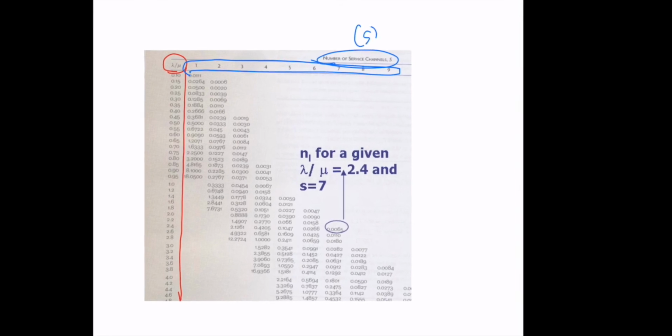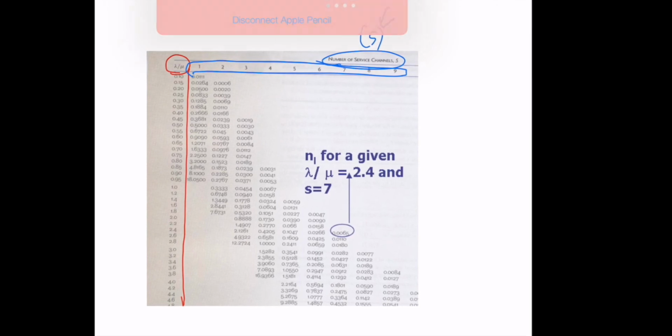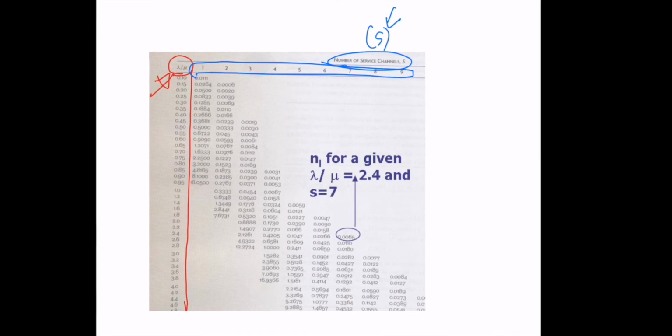So it is S. Given S and given this lambda over mu, we can find one value in this table.